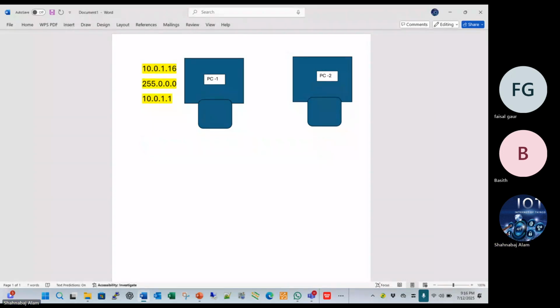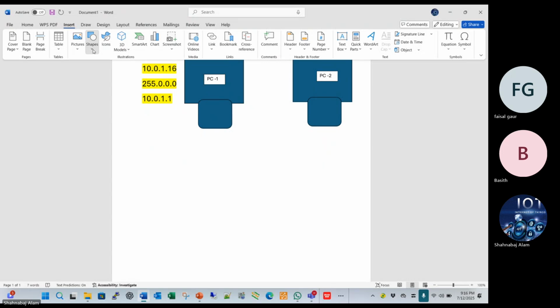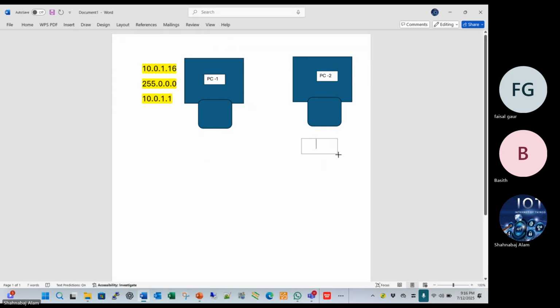One second. Not 192.168, but 10.0.1.17, with subnet mask 255.0.0.0 and gateway 10.0.1.1.